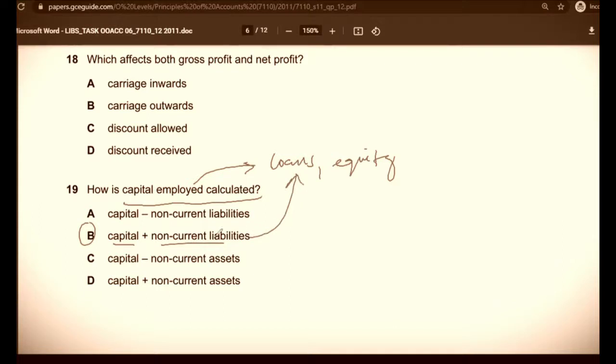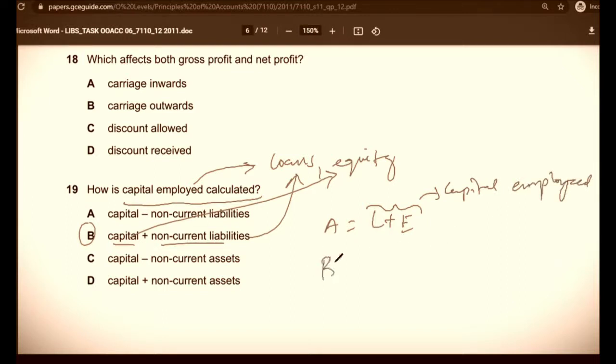So non-current liabilities are loans and capital is basically equity. So your capital employed is the sum of capital plus non-current liabilities. In the accounting equation, this is the part of capital employed. Hence, the correct answer to multiple choice 19 is option B.